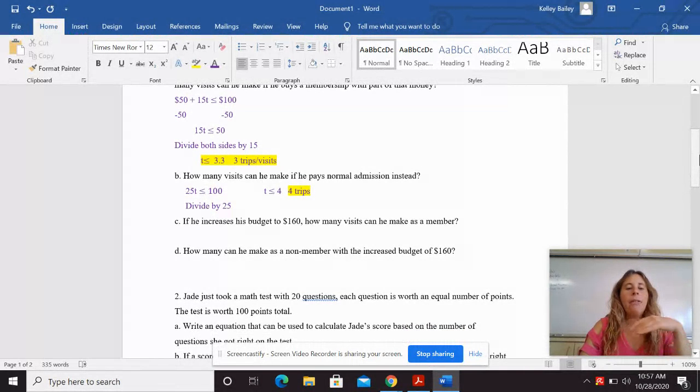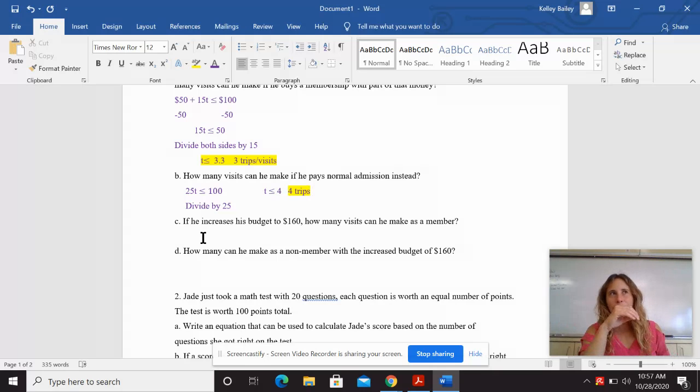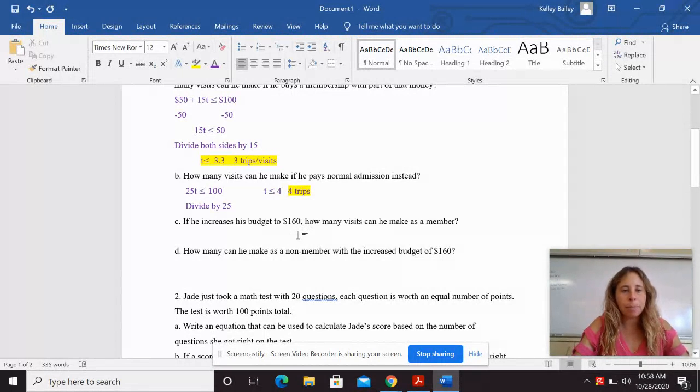All right. If he increases his budget to $160, how many visits can he make as a member? Let me give you a second to think about that. Okay, so then you're just changing the 100 to 160. Instead of his budget being 100, it is now 160.